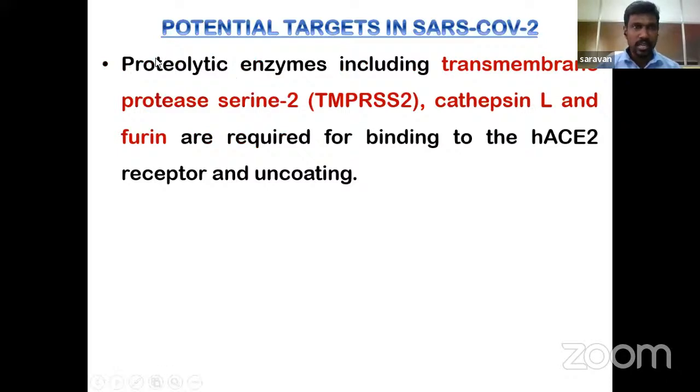These are the host proteolytic enzymes, that is TMPRSS2, cathepsin L and furin. So we have seen the role of TMPRSS2. Now we are going to see the role of cathepsin and furin, how they are helping in binding and uncoating of the viral genome into the human cells.